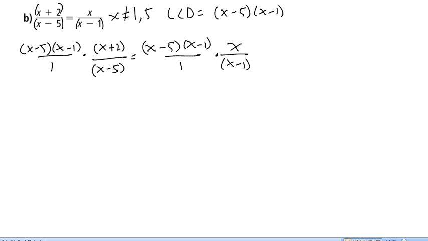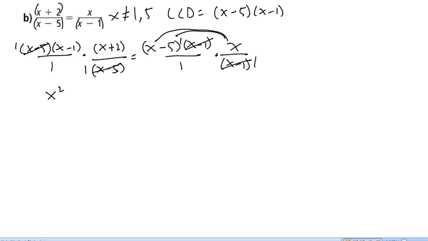Okay, and again, x minus 5 over x minus 5 is the same as 1 over 1 because x can't be 5. And x minus 1 over x minus 1 equals 1 over 1 because x can't be 1. Okay, notice here we're going to have to do some super rainbowing to put those two together. And this x is going to have to get multiplied into there.